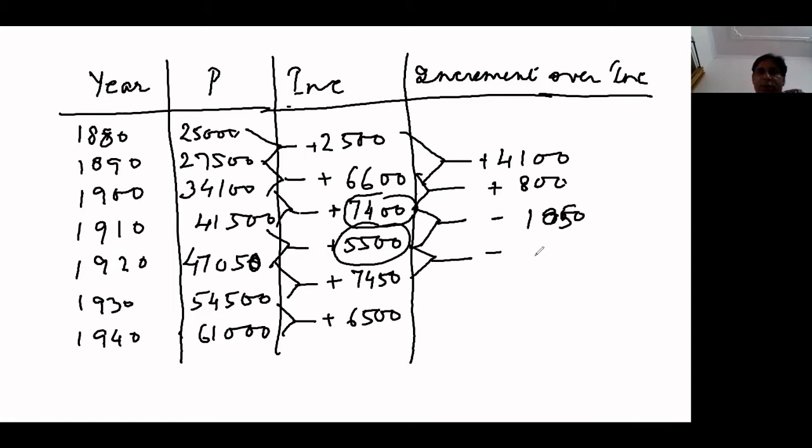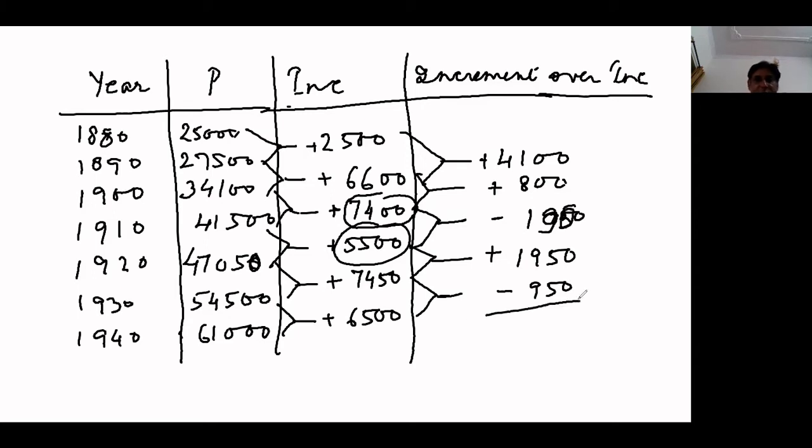Now what would be this? It would be 50 with a plus sign. Now this has decreased, so the decrease would be minus 950. This is 1,900, I suppose. Yes.